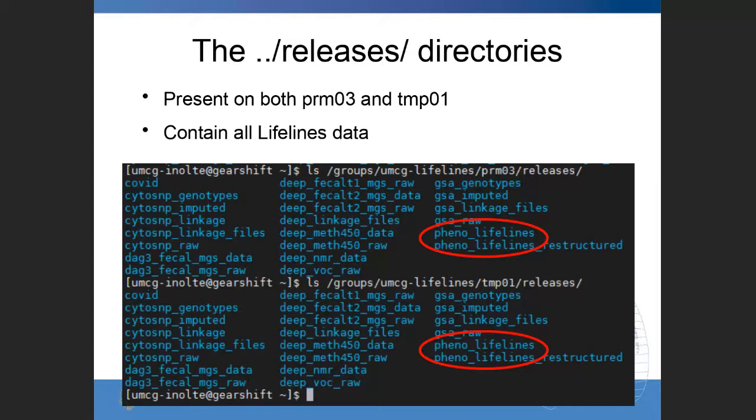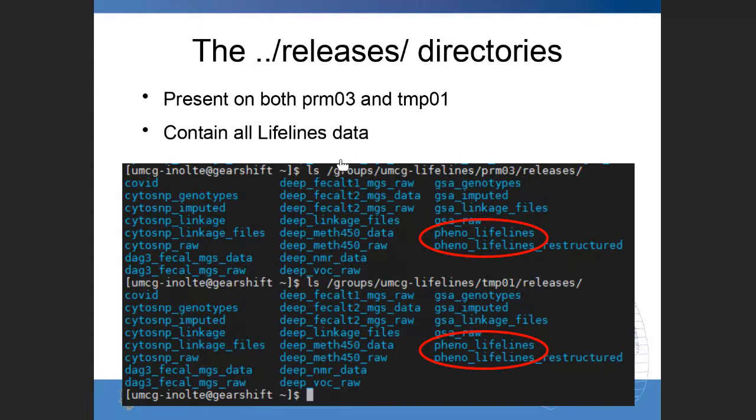So the releases directory, Sylvia already mentioned this this morning, but I want to show you how it looks when you use Unix tools. The releases folder is present both on the permanent storage as well as in the temporary storage, and it contains all Lifelines data.